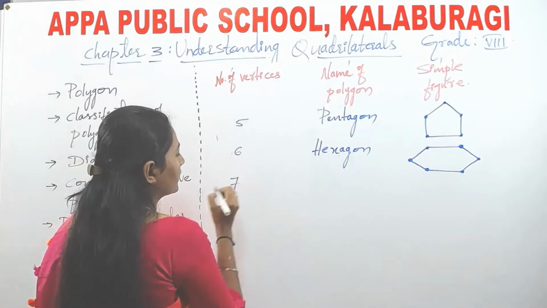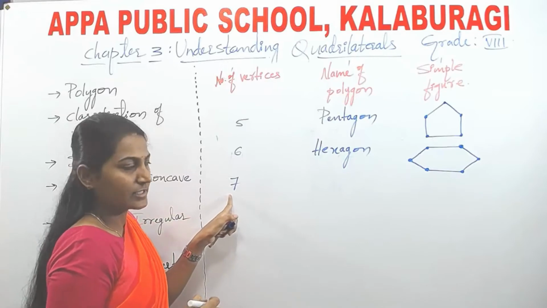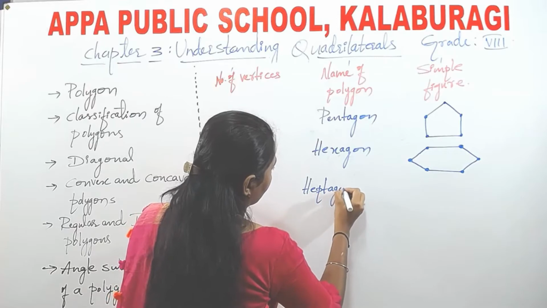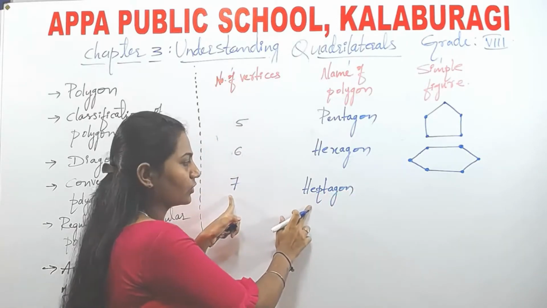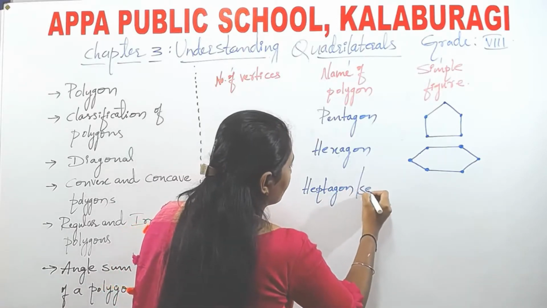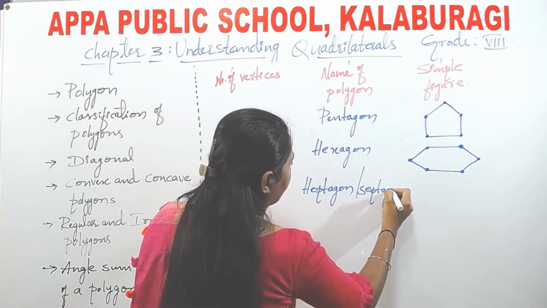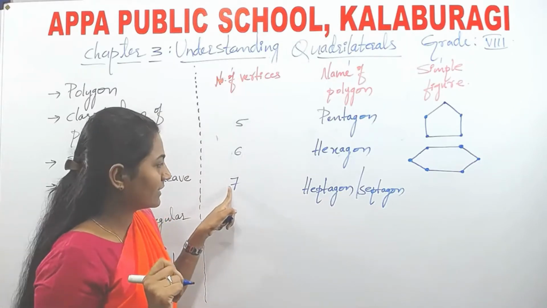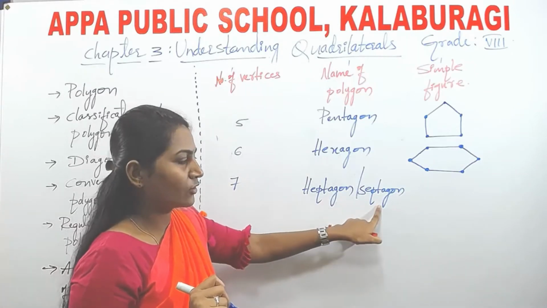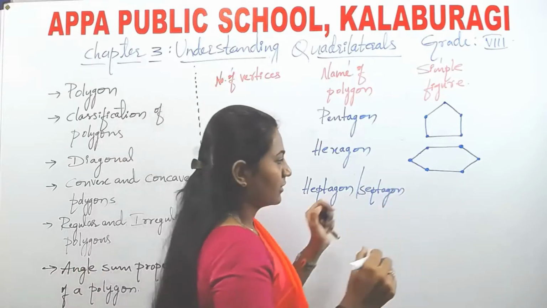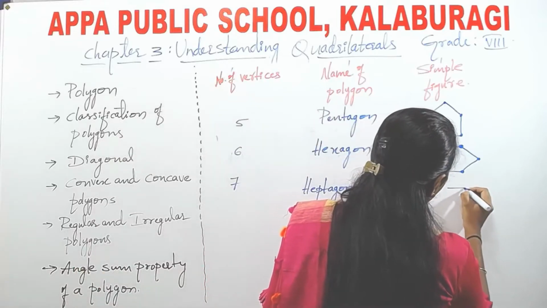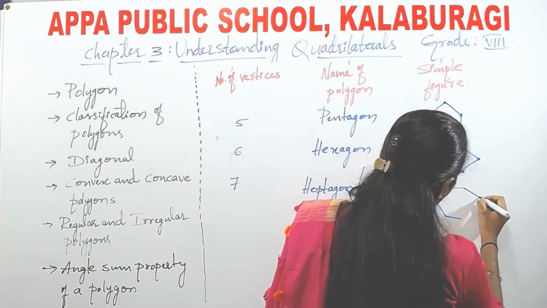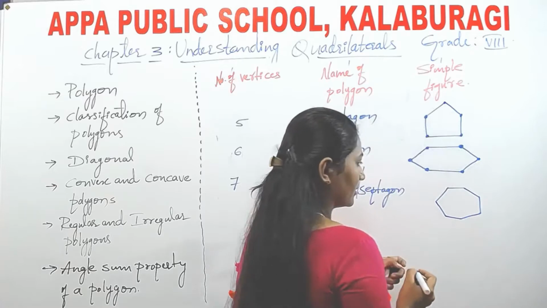Next, a polygon with 7 sides is a heptagon, or you can also name it a septagon. Let me draw a polygon with 7 sides. Yes, this is a rough figure.